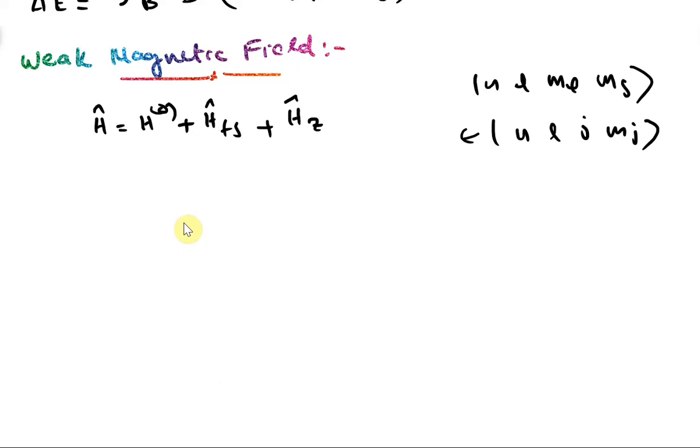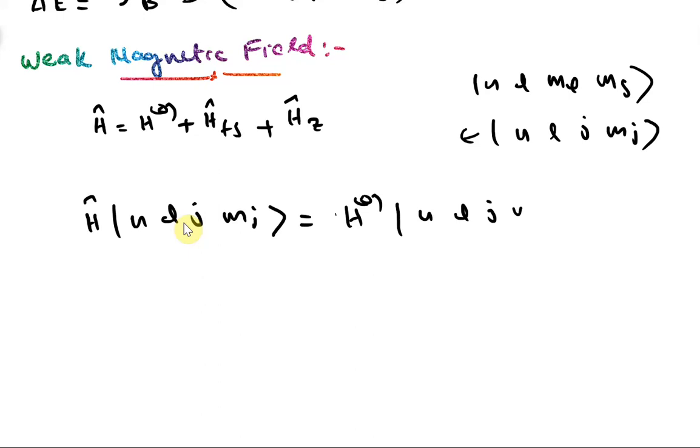So this is the basis that I'm choosing, because this is the dominant component of the perturbation. Now I have to apply the operator H on this basis n, l, j, m_j, and here H naught acts on n, l, j, m_j. This H naught, our unperturbed Hamiltonian, is diagonalizable on both these bases, so there is no issue regarding that.